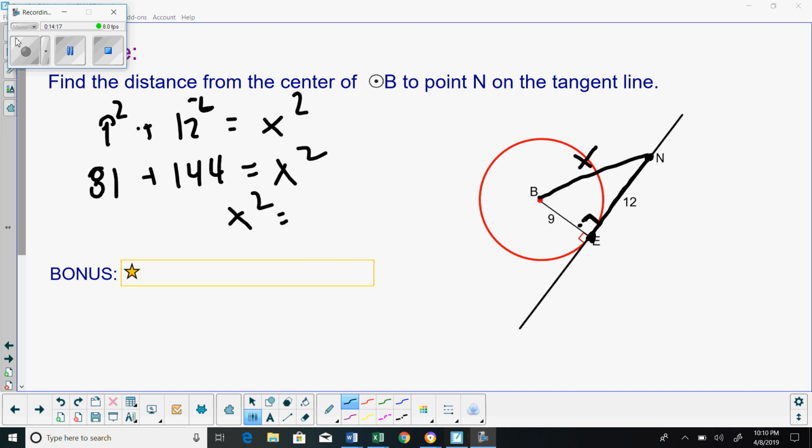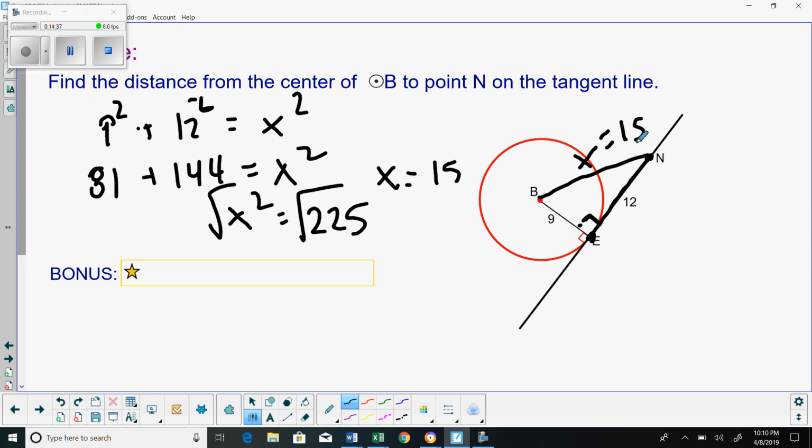Okay, so I get x squared is equal to 225, and then when I take the square root of both sides, I get that x, the length of segment BN, is the square root of 225, which is 15. So I know that this length x is going to be 15 units.